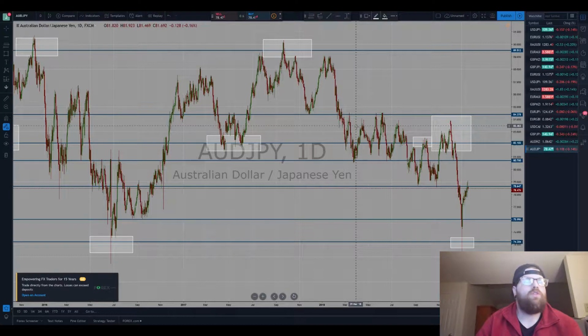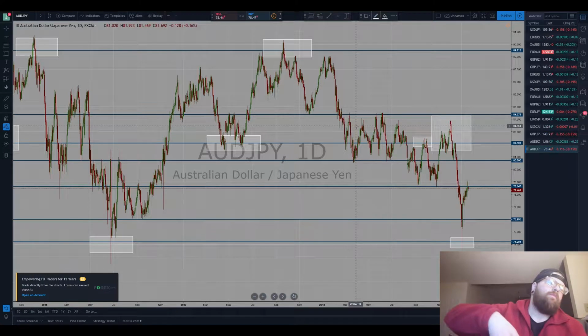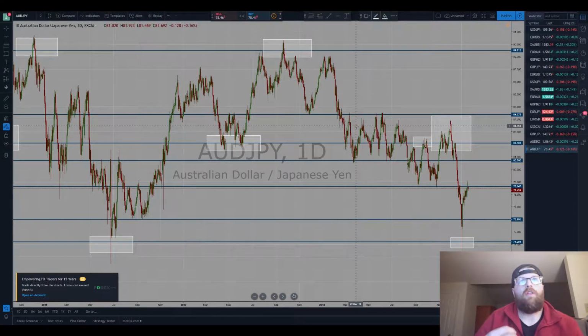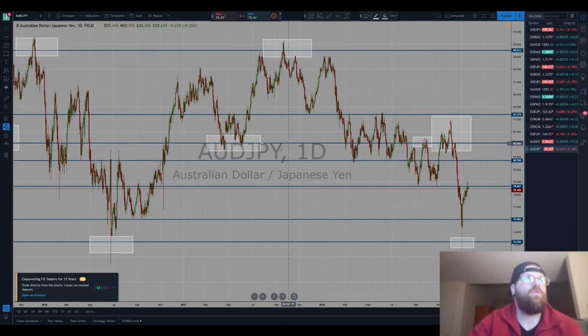Typically what happens is institutional traders, or institutions period, will have significant levels identified where they set orders, and that's what causes price to change direction. That's what causes price, when it's been trending up, to trend down, or if it's trending upward, that's what causes a retracement. And so those levels are important to identify.